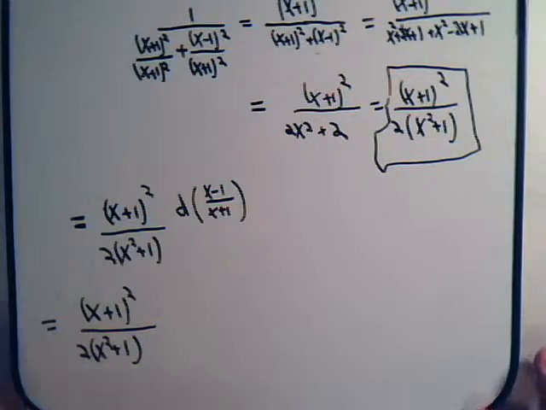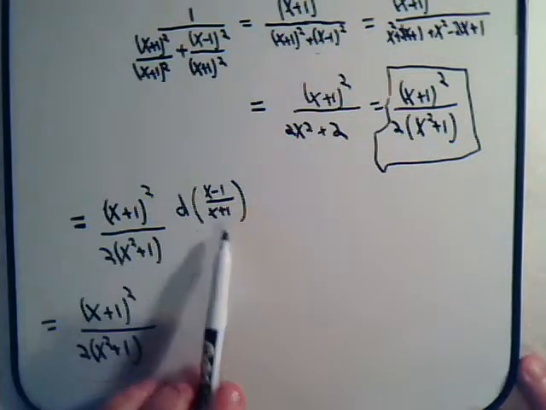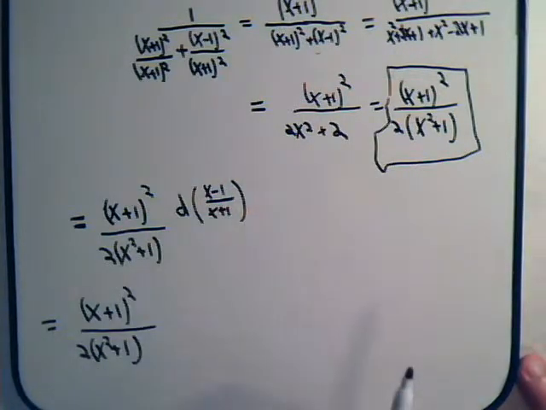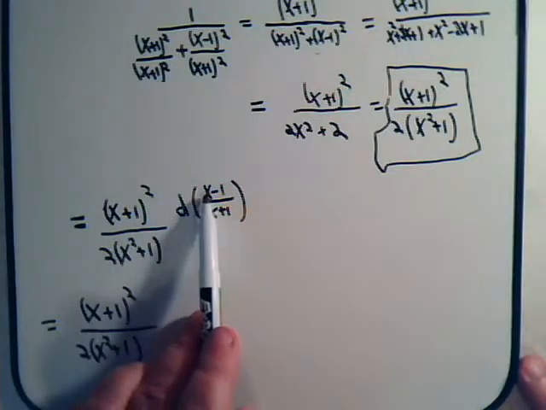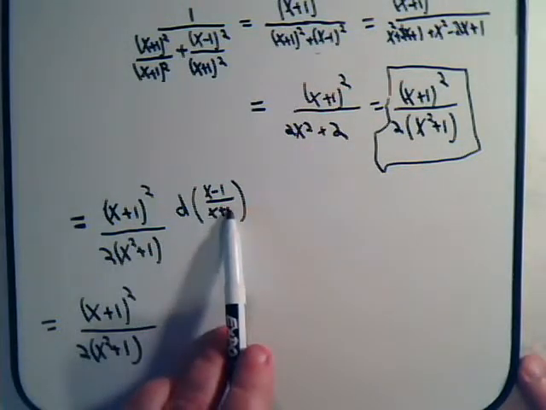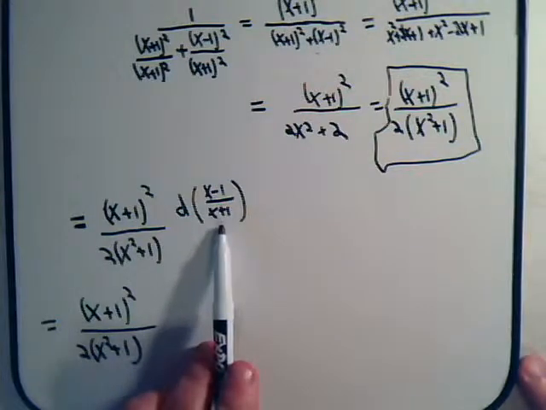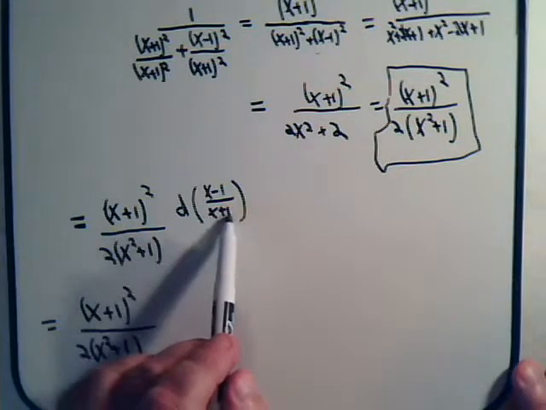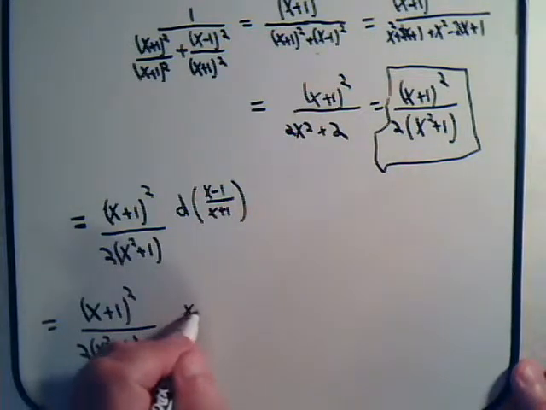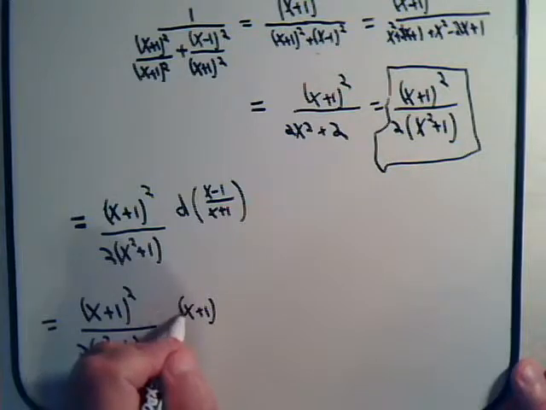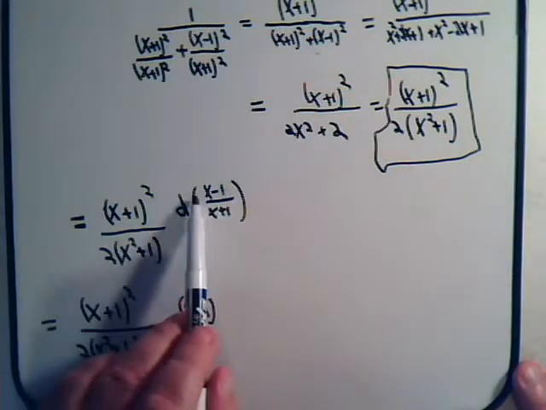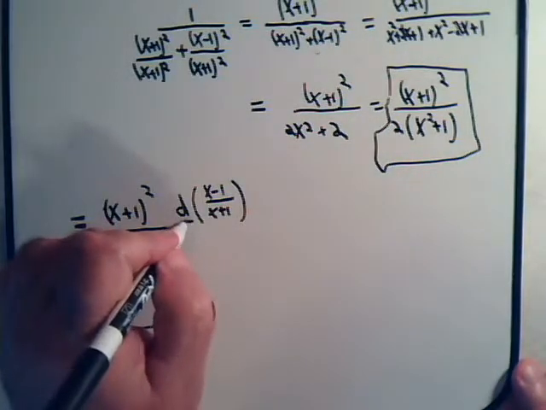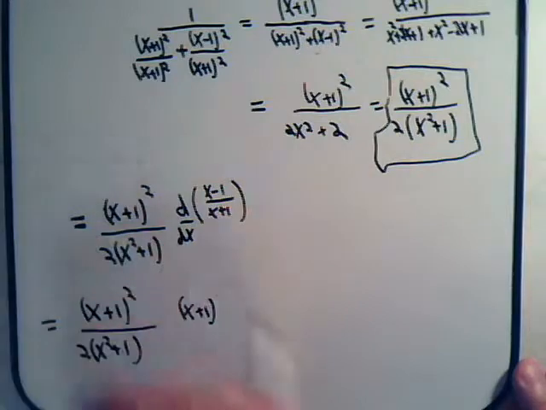And now for this derivative, this is a quotient, so it's going to be x plus 1 times the derivative of this minus x minus 1 times the derivative of this, and all that's going to be divided by x plus 1 quantity squared. So first we have x plus 1 times the derivative of this with respect to x, dx over dx.